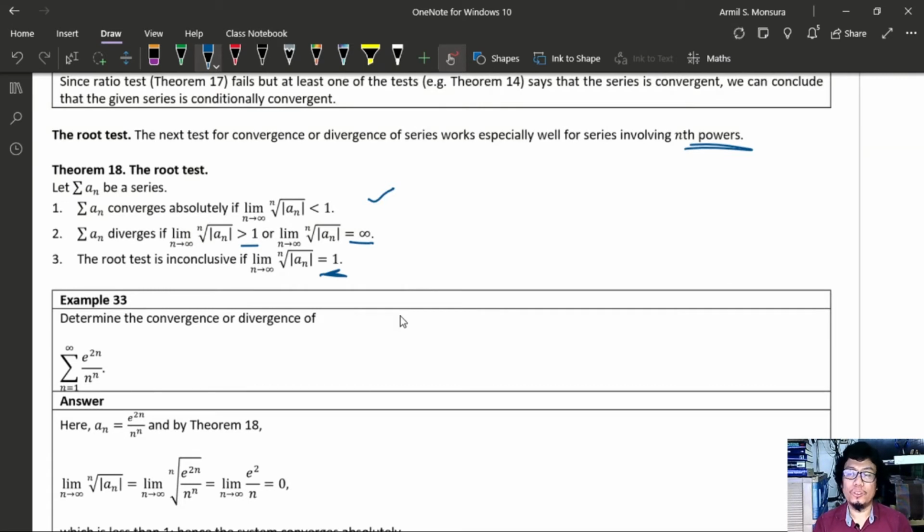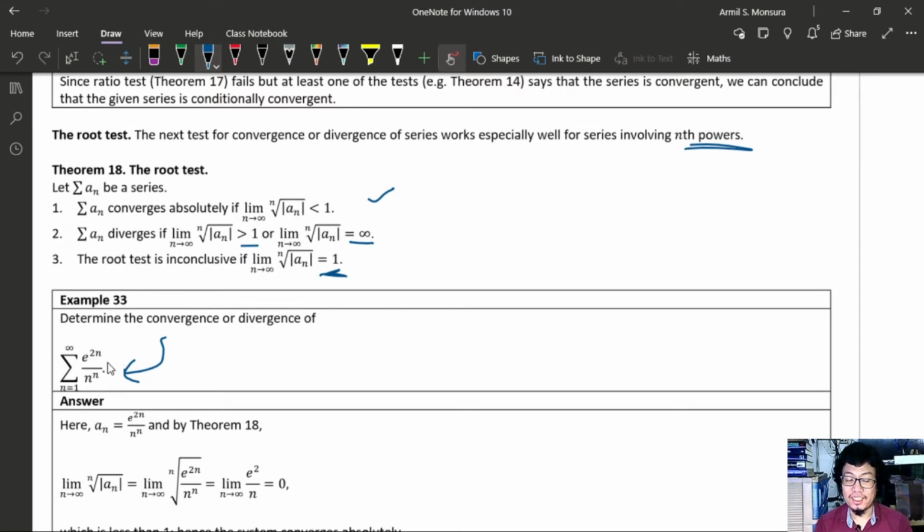So the root test, again, would work greatly for series whose n terms contain powers of n, which means they have exponent of n. Like example 33, you see that n and n here are the exponents.